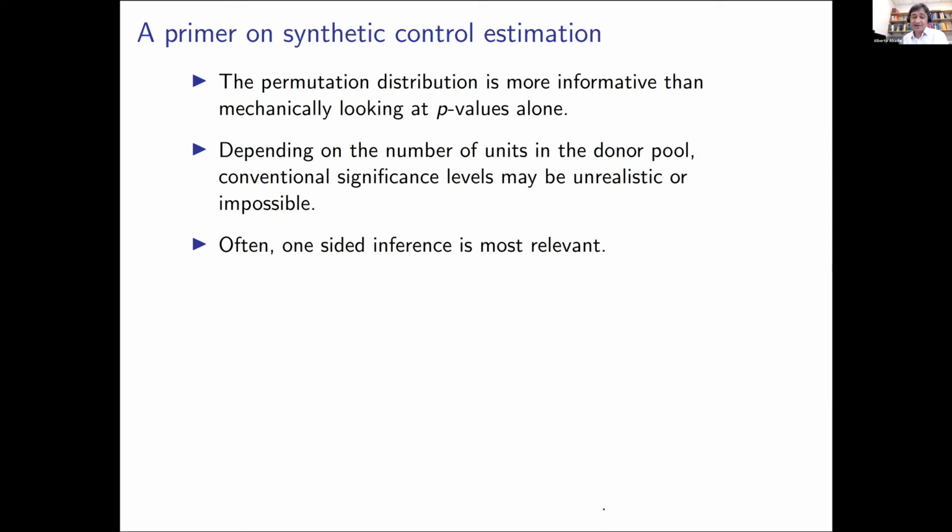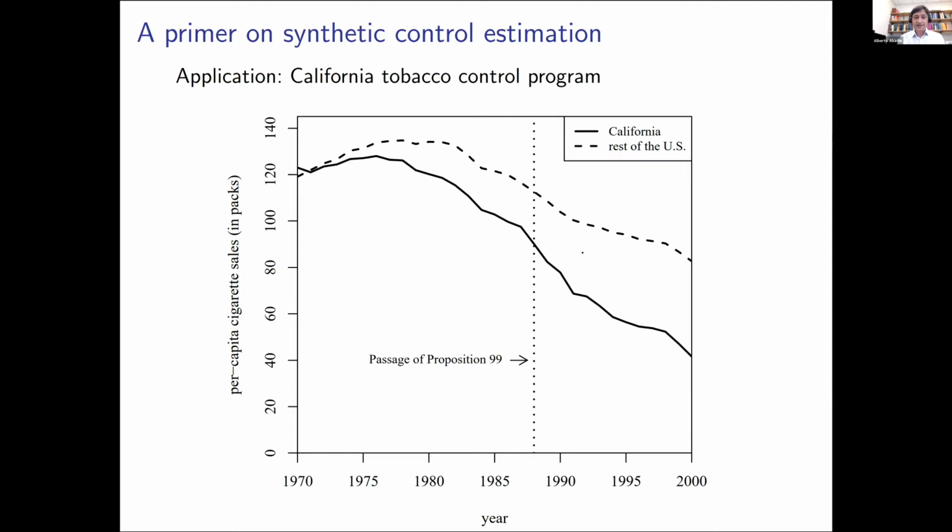And something else that I hope will be clear in a second example is that one-sided inference is often more relevant and often more powerful. We will see that in this second example. This is an example about applying synthetic controls to study the effects of a tobacco control program that was approved in California in 1988.